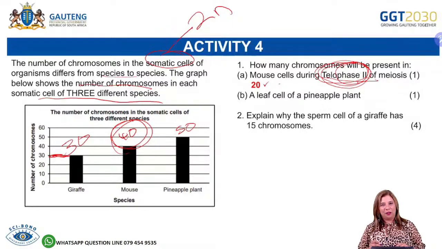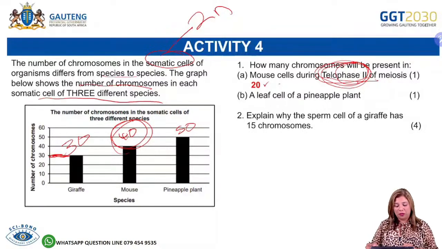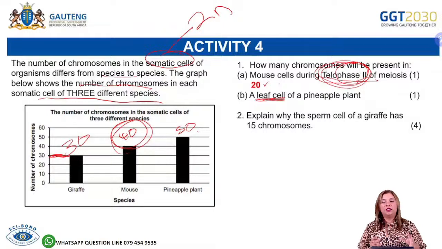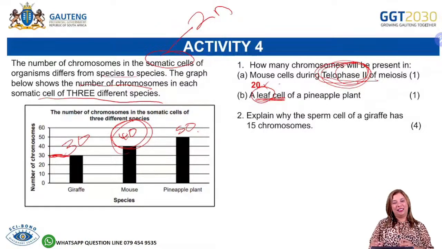A leaf cell of the pineapple plant. How many chromosomes? Okay, here's the pineapple plant, but they're talking about the leaf. They could have just said the cell of a pineapple plant, but the fact that they said leaf means they're giving us a clue. We know from our grade 10 and 11 work that the function of a leaf, which in primary school they used to say is a food-making organ, is, in high school, where photosynthesis takes place.